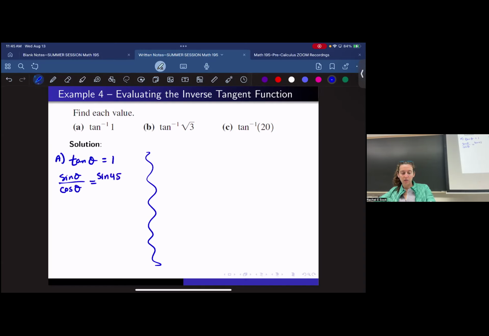Sine of 45 is just square root of 2 over 2. Cosine of 45 is square root of 2 over 2. Divide the same number by each other, and we end up getting 1. So our tan inverse of 1 is the same as 45 degrees, also known as pi over 4.